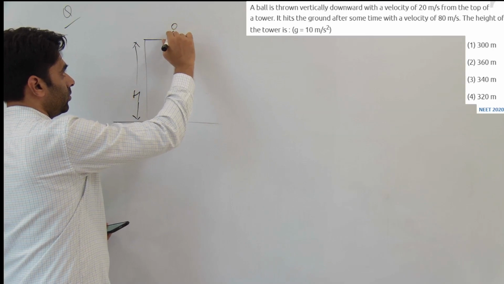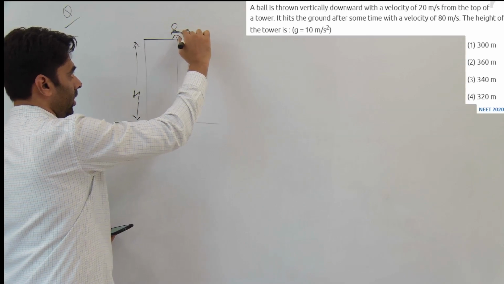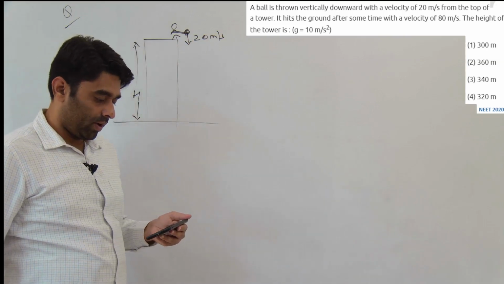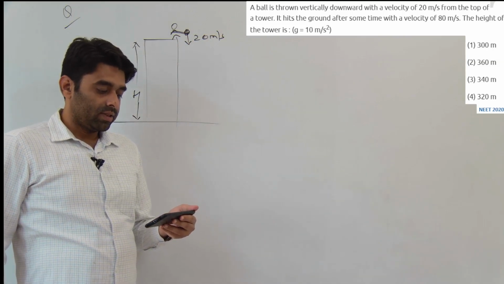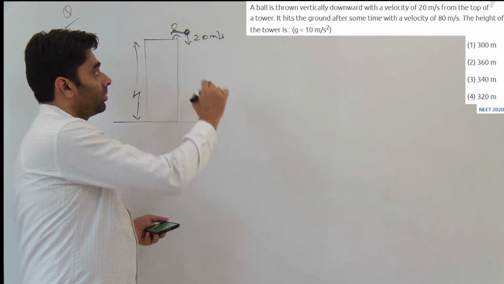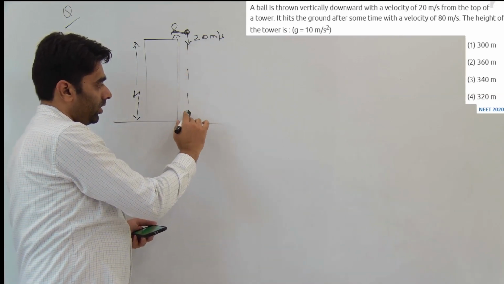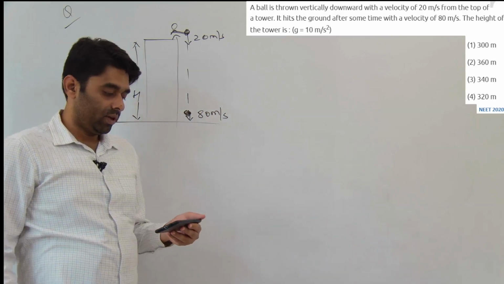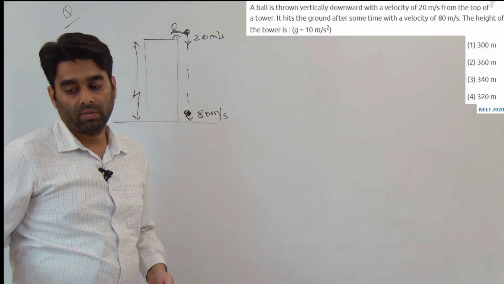A ball is thrown downward with the speed of 20 meter per second. It hits the ground after some time with a velocity of 80 meter per second, that means just before hitting, it is 80 meter per second. The height of the tower is, take g value as 10 meter per second square.